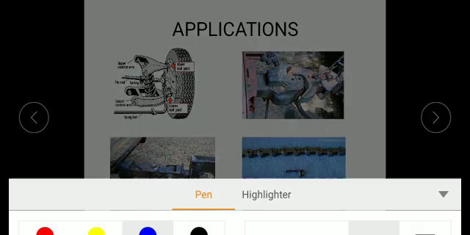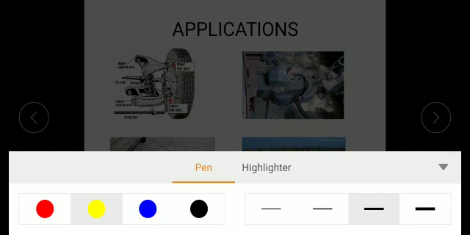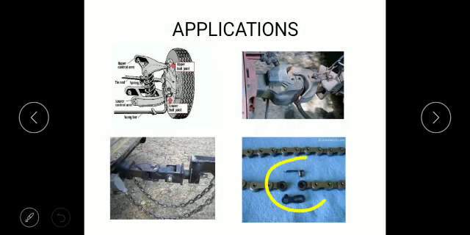So this is the link of a bicycle chain, which is one form of the knuckle joint. Here is the double eye, the single eye, and this is the pin. That joint is nothing but the knuckle joint. This is again one form of the knuckle joint, where the double fork and the single eye are connected with the help of a nut and bolt.